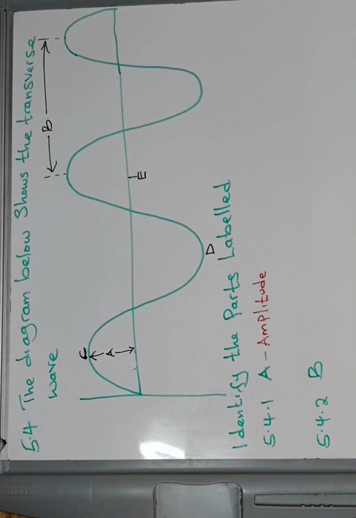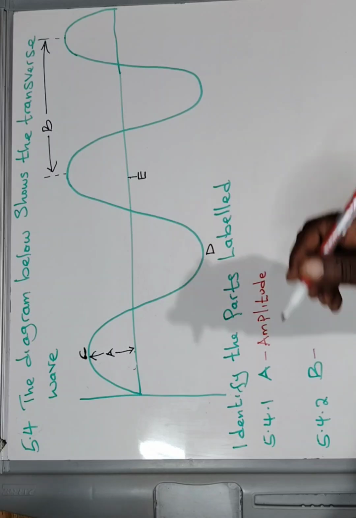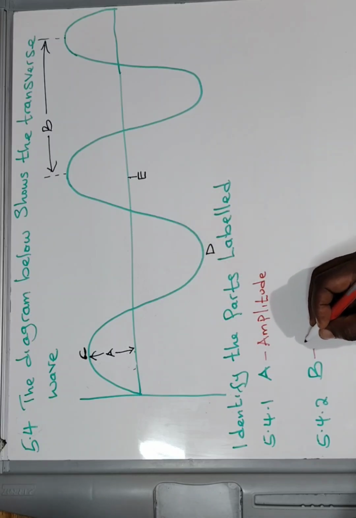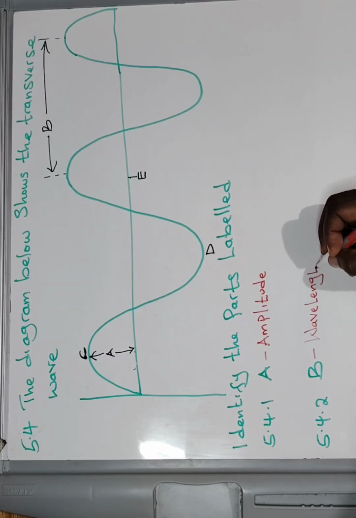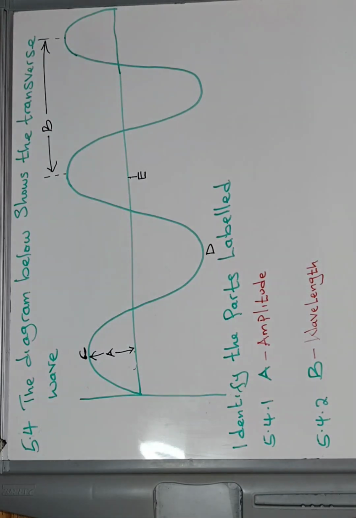Then what does B represent? The length B represents the wavelength. Okay, we'll be having the definition of this as we progress.